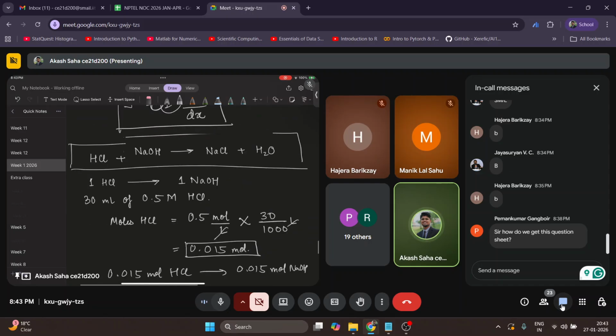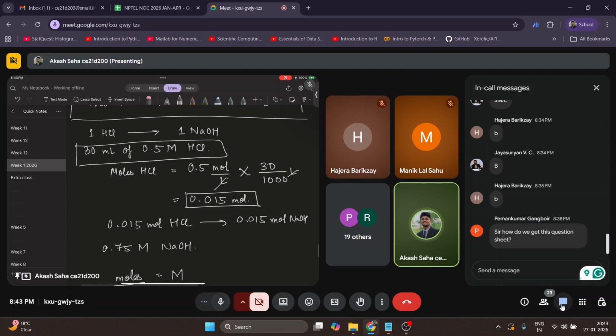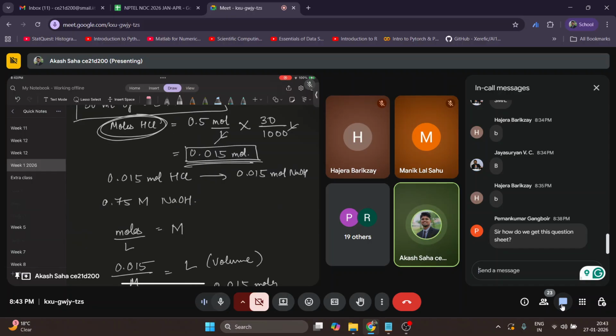Very simple. First, write the equation, see if it is balanced or not. Then see what is given in the question. We know 1 mole of HCl will react with 1 mole of NaOH. So we calculate how many moles of HCl we have, because we have all the information about HCl. We have 0.015 moles. Now this will react with 0.015 moles of NaOH.